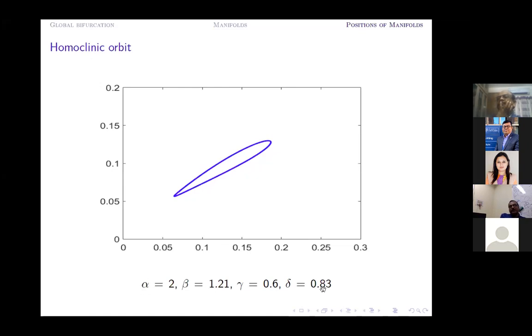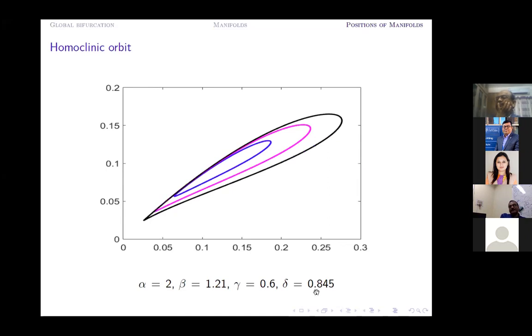Keeping all other parameters fixed, if I change delta to 0.84, you can have this particular limit cycle. And finally, around delta equal to 0.845, you can have this particular cycle. I have cross-verified this; how it can be cross-verified, I will show you during my next lecture through some MATLAB command, that this is your homoclinic orbit.